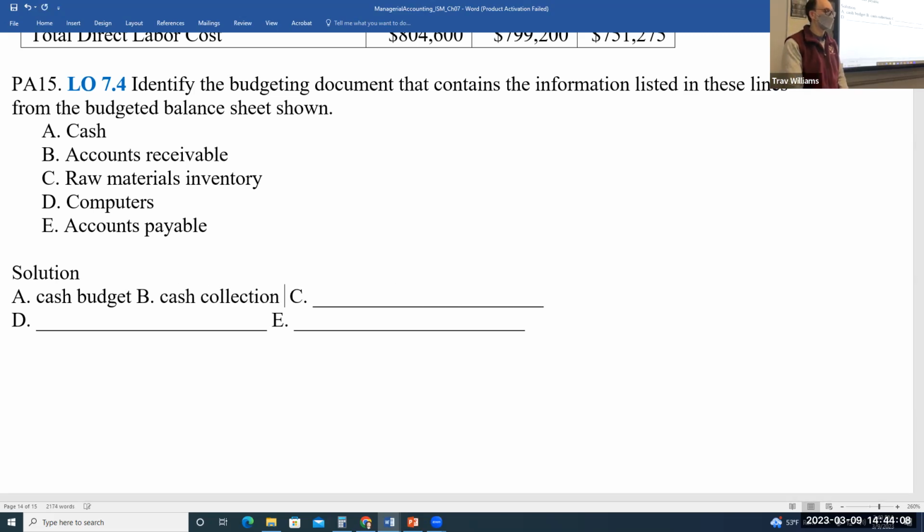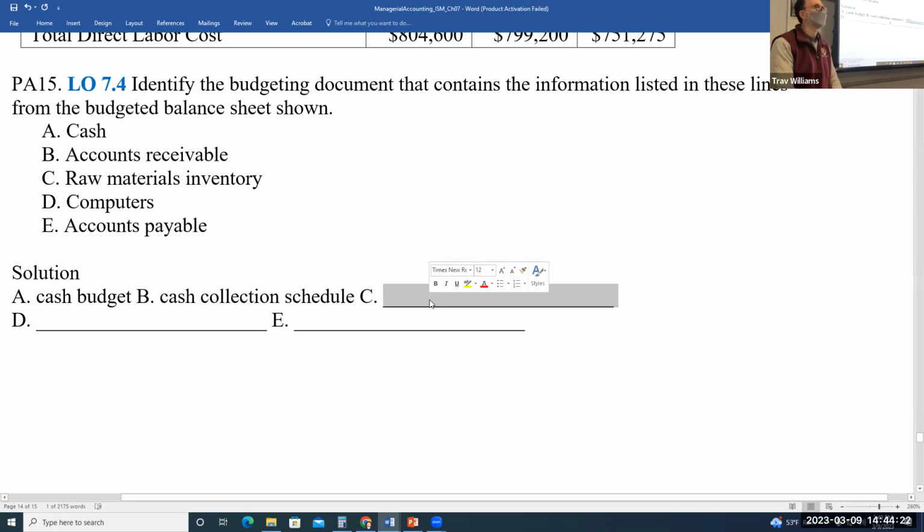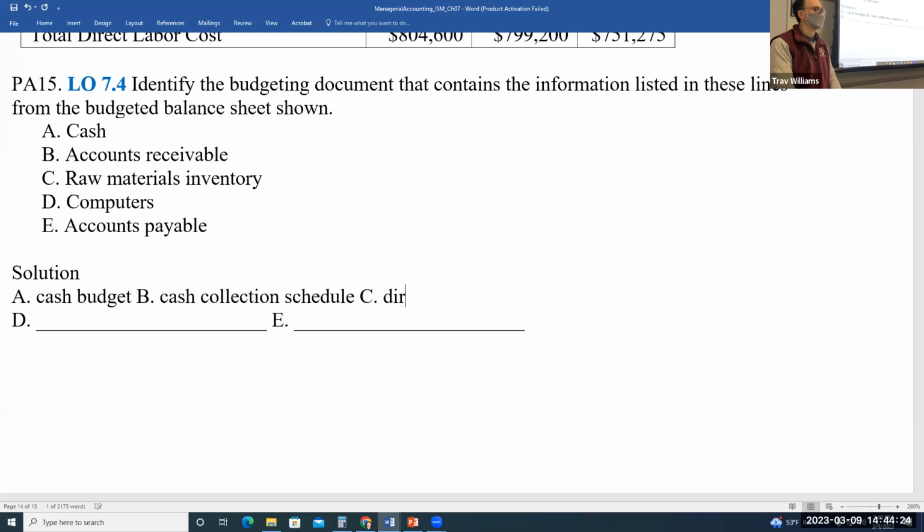Yeah, I think it is cash collection schedule. That's right. How about the raw materials inventory? Yes, I think direct material budget. We'll double check the wording, but it's something like that.